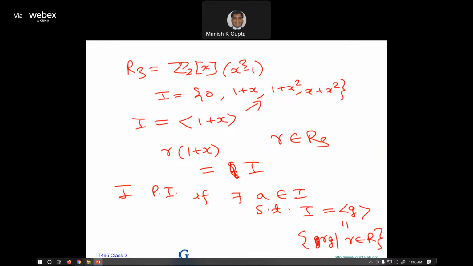All polynomials, 8 polynomials. If you take an element from Z2X, multiply with this G, like 1 plus X here, you will get all the 4 members. This ideal is generated by 1 plus X because R times 1 plus X is I, for every R in those members of Z2X, right? All those 8 polynomials. Okay. So Z2X have this condition that whenever there is X cube, that will be 1. You need to keep that thing in mind, right?